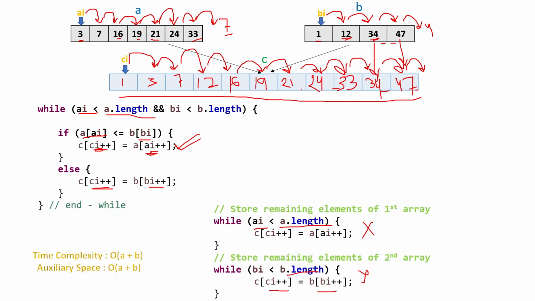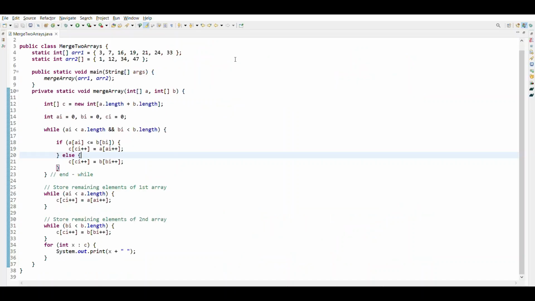Now let's see how it looks in the code. I have taken the similar example that I discussed earlier, the same array 1, array 2, A and B, and now I am creating another array C, which is of length A plus B, and I have started the index from 0 for A, B and C. The approach is the same.